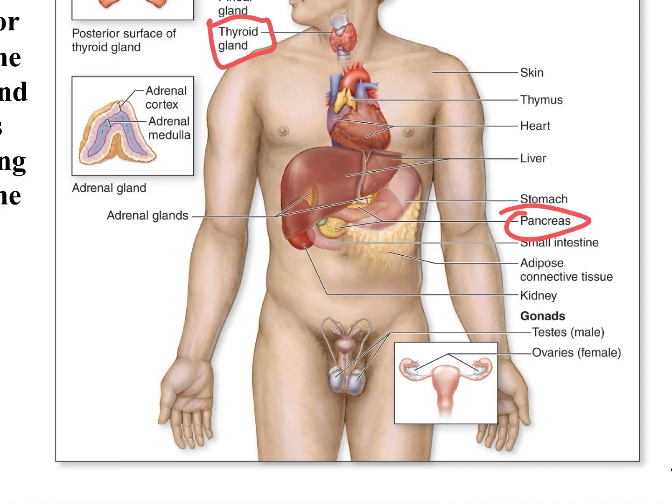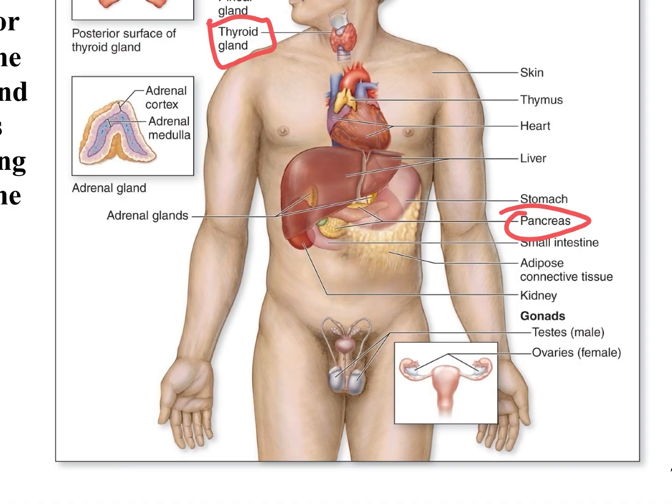But the pancreas is on this side because it has another complete function. Only about a third of the tissue in the pancreas does insulin and glucagon. The bulk of the other two thirds, probably even more, produce digestive enzymes that are dumped into the small intestine and are important for your normal digestion.